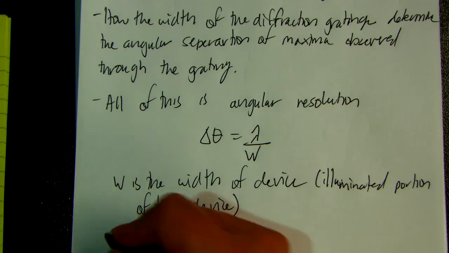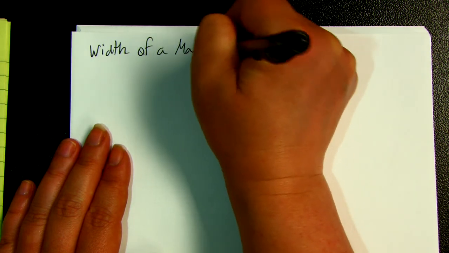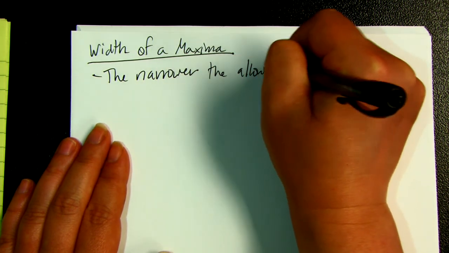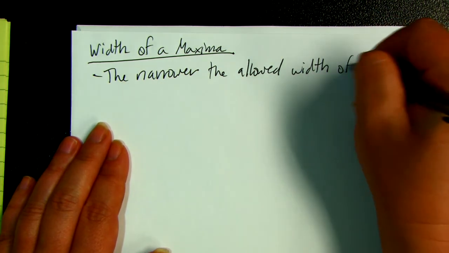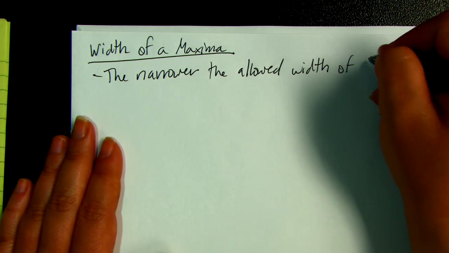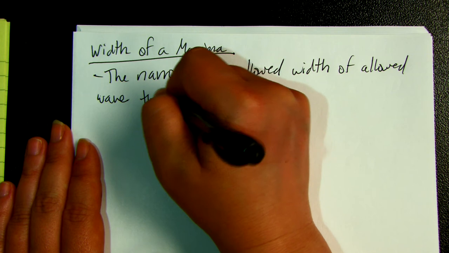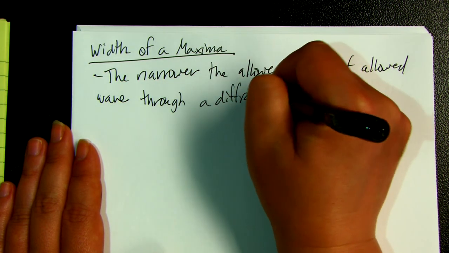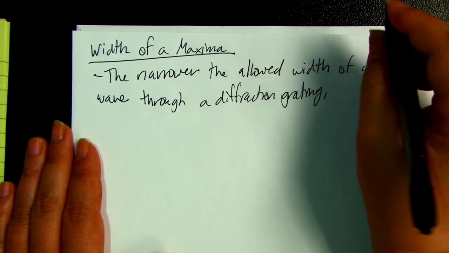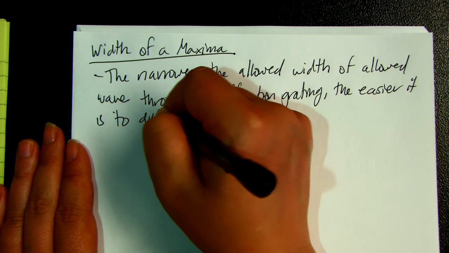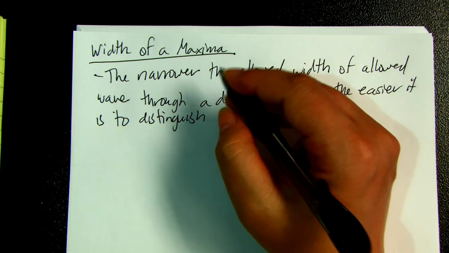So we want to go after the width of the maxima. The narrower the allowed width of the wave through a diffraction grating, the easier it is to distinguish light of different wavelengths.